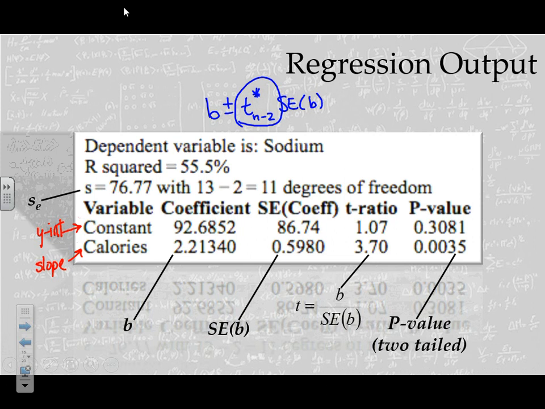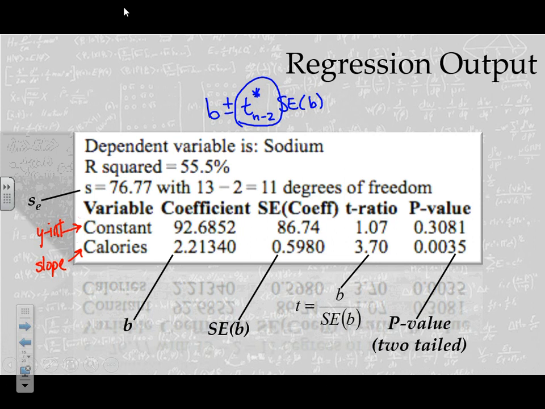Or, because the table only has certain values for degrees of freedom, what's another way to get more accurate? Inverse t on the calculator. So if you have that inverse t function on your calculator, you can use that inverse t, plug in the corresponding area, find your t-star, and then plug that in and find your interval. Okay?